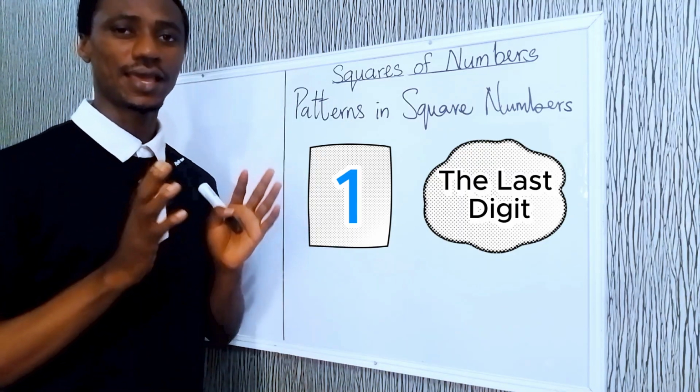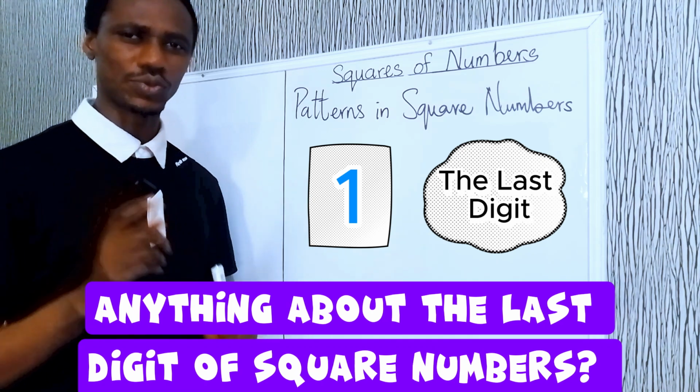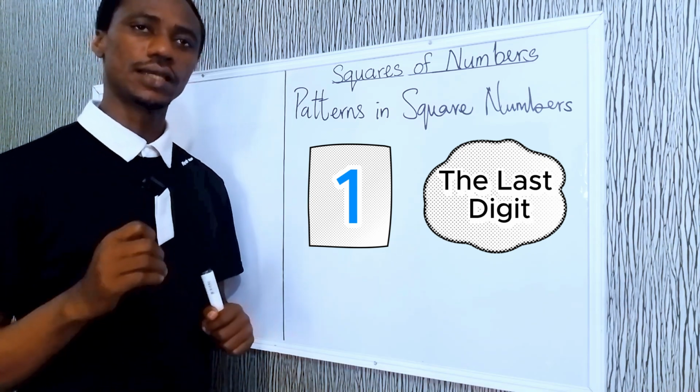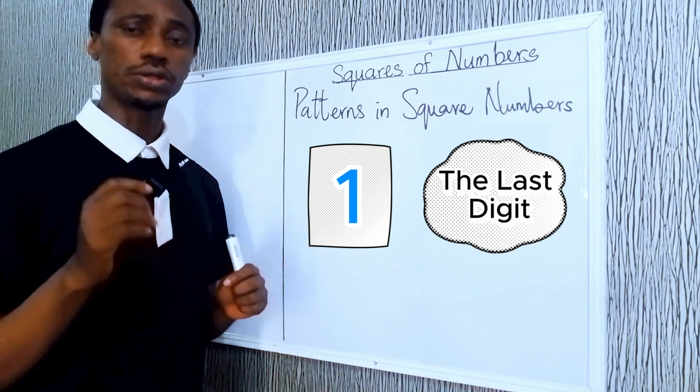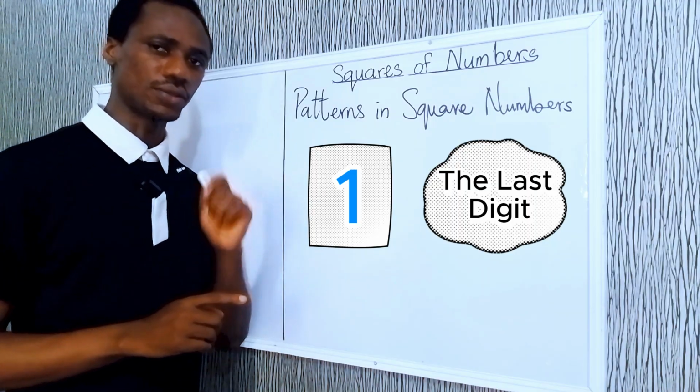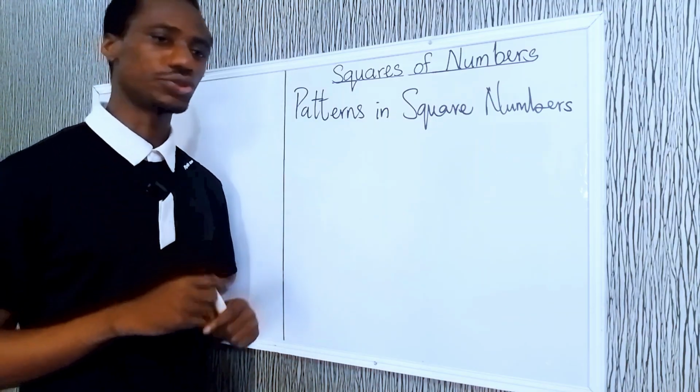Have you noticed anything about the last digit of square numbers? Let's record the squares of numbers from 1 to 9, and then I'll show you.